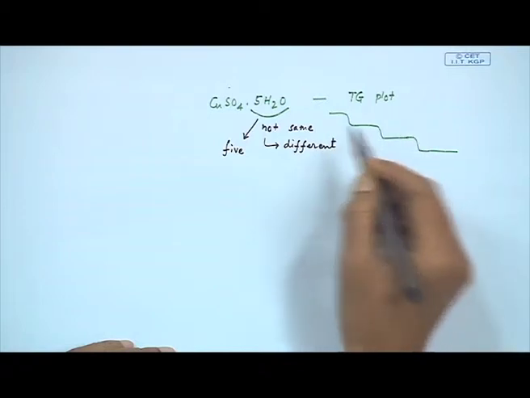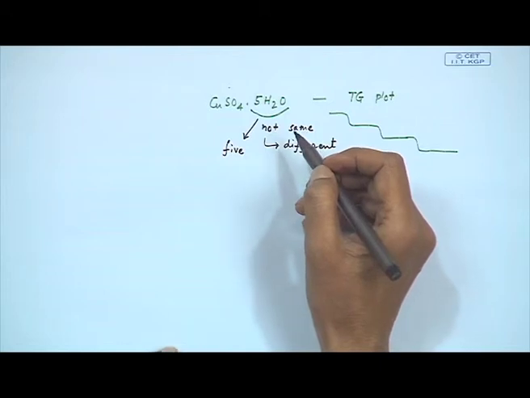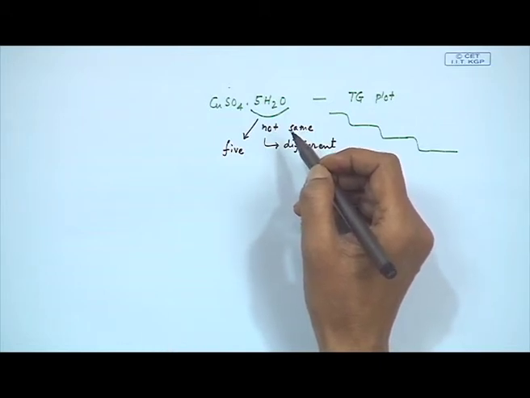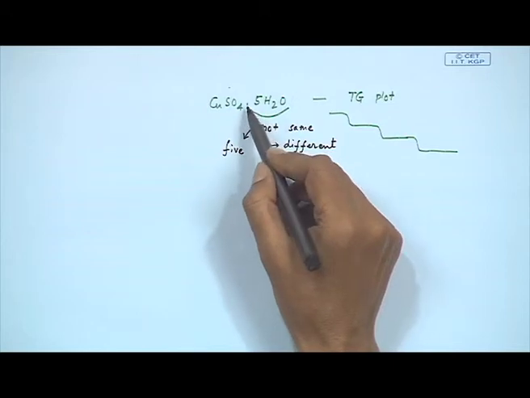That is why all 5 do not go away immediately at a particular temperature, and it is also not typical lattice water.